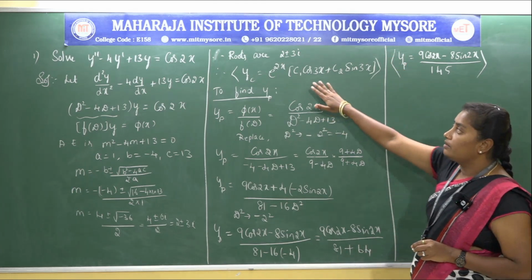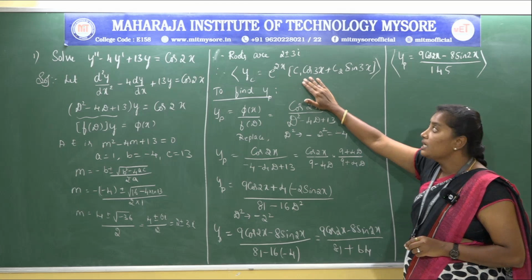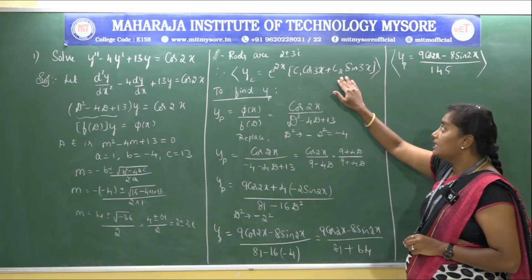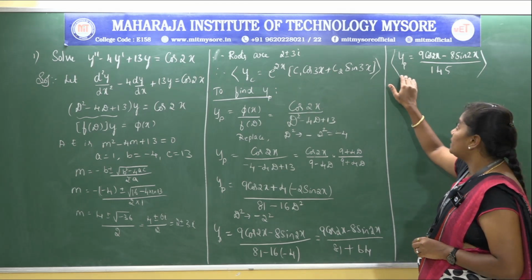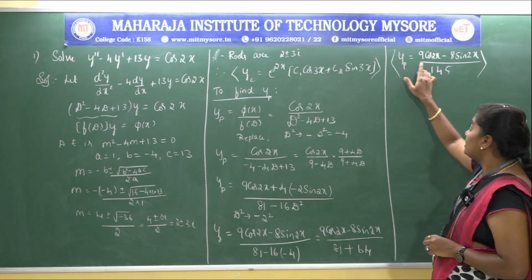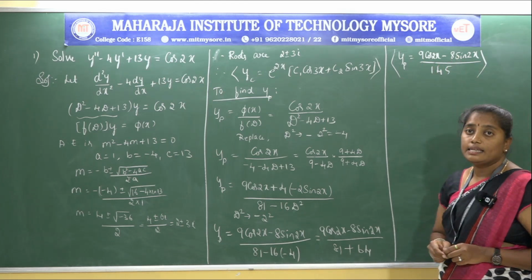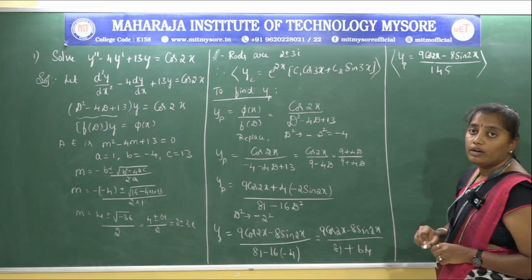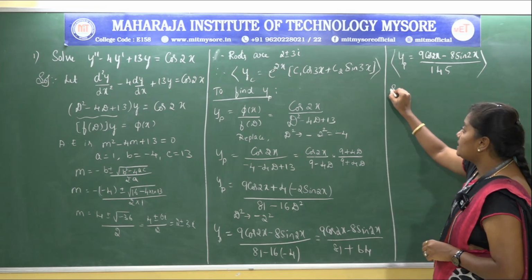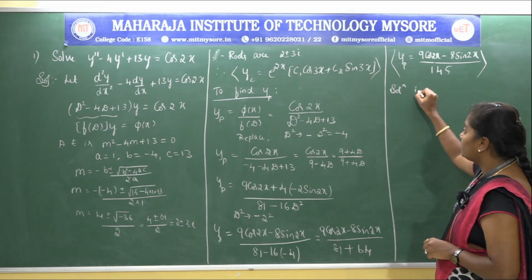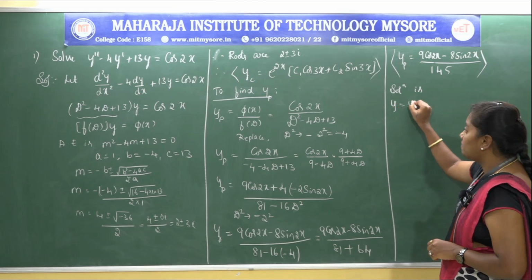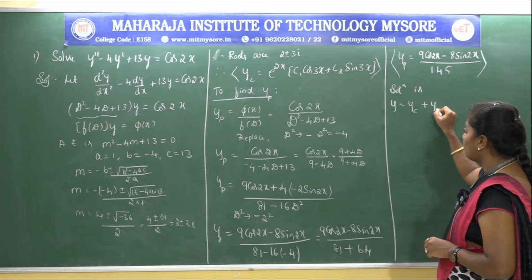The complementary function is e power of 2x into c1 cos 3x plus c2 sin 3x, and the particular integral is 9 cos 2x minus 8 sin 2x divided by 145. Hence the complete solution of the given differential equation is y is equal to yc plus yp.